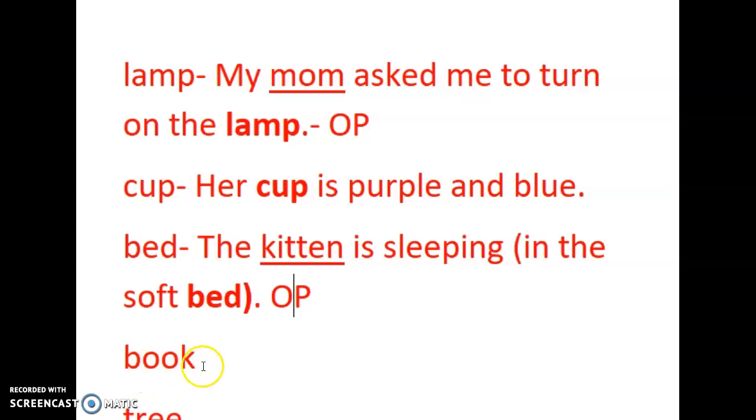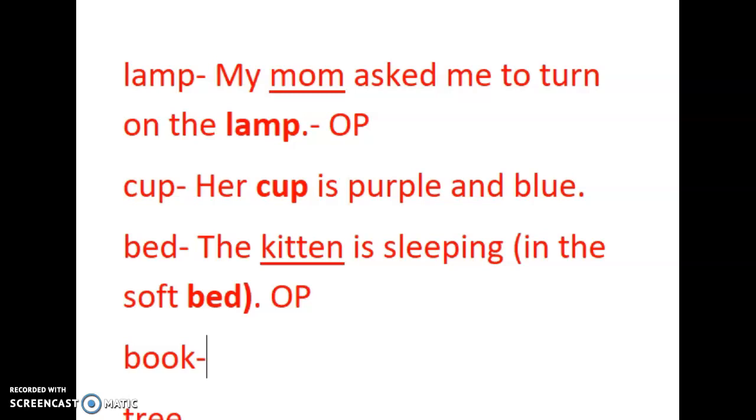All right, the next noun that I picked is the word book. Now again, you're pausing your video. You may just want to say a sentence out loud using your noun. You may want to write it down, but make sure that you are able to create a sentence using your noun and you are identifying your noun as the subject noun or as the object of the preposition.